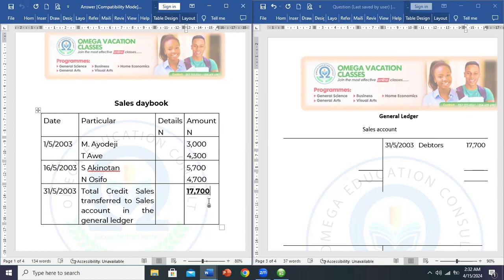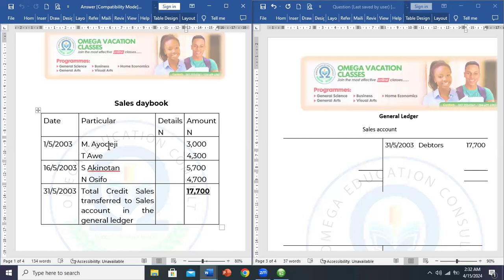Okay. So let me do it this way. If we're doing our normal debits and credits using the T account earlier, anytime you sell goods to somebody, let me take the transactions one by one. We sold goods on credit to M. Ayodeji. So earlier you would have opened sales account and M. Ayodeji's account.